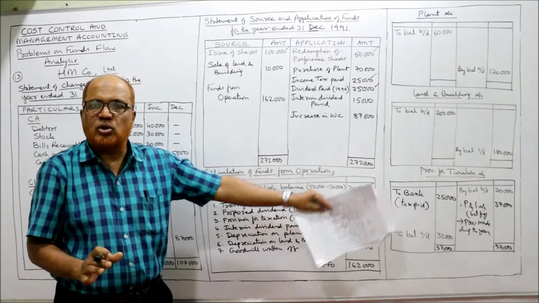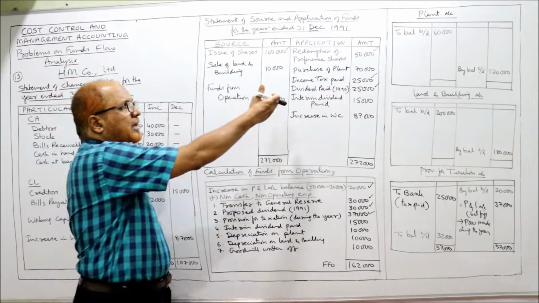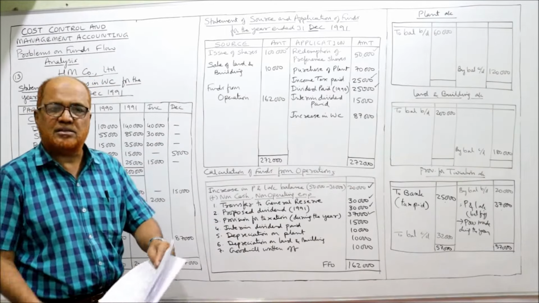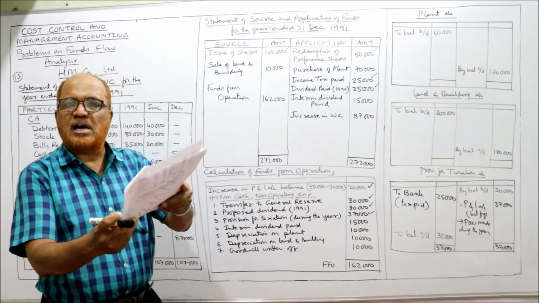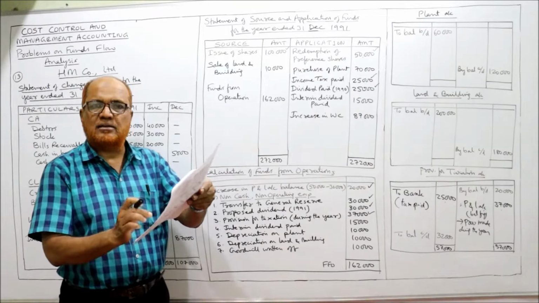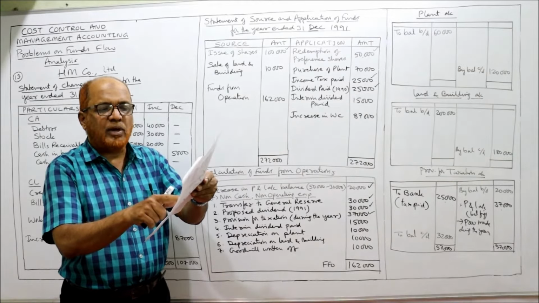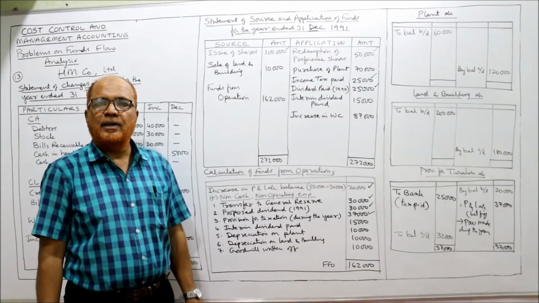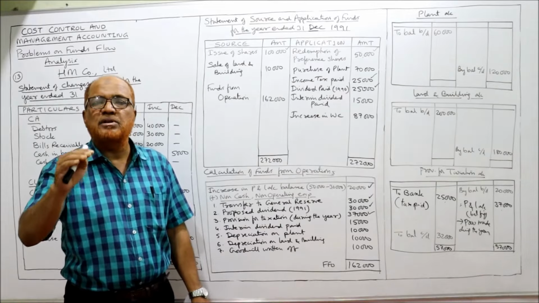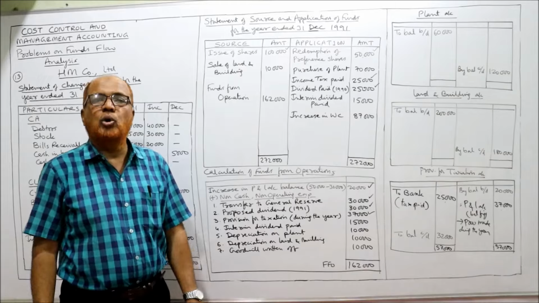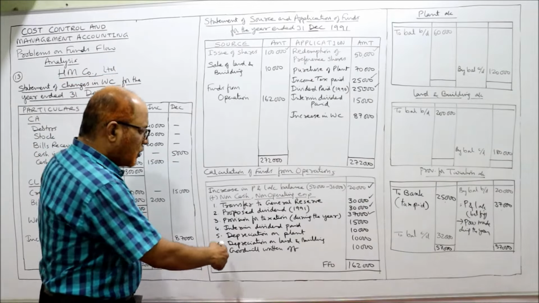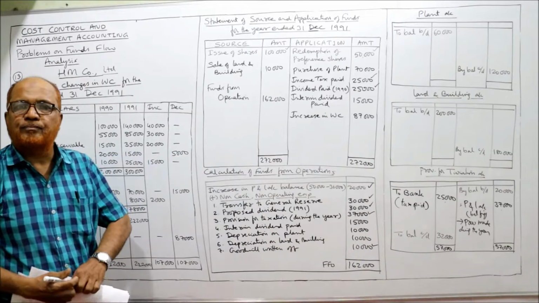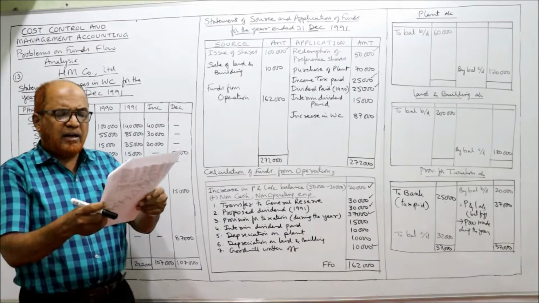Only tax paid on the application side and provision made during the year as a non-cash item. That's it. All items on the liability side are completed. Now I am coming to the asset side. Goodwill last year 1.1, meaning 1,10,000, and current year 1 lakh. The goodwill decreased. That means goodwill is written off. Goodwill written off, the last item you can see, 10,000 rupees non-cash. Next, land and building.